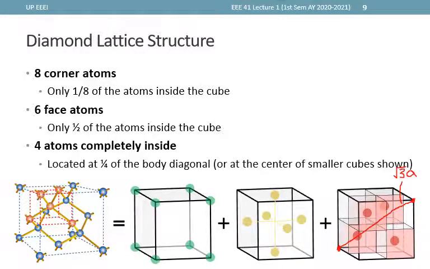You can use your geometry to prove that, and each of these red atoms is placed at 1/4 of the body diagonal. So the distance from the corner to the atom inside is 1/4 square root of 3 a.